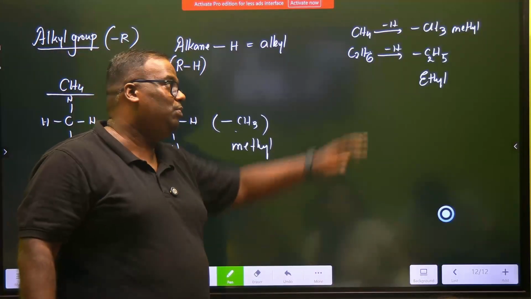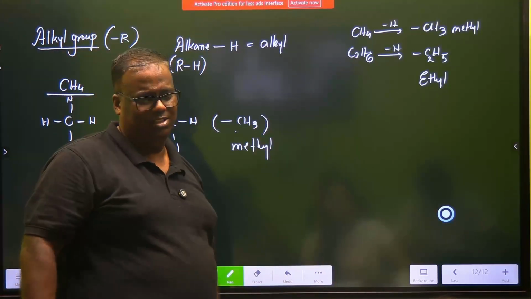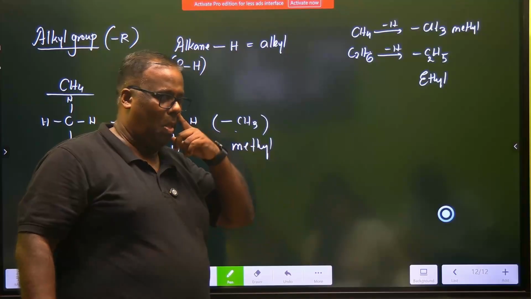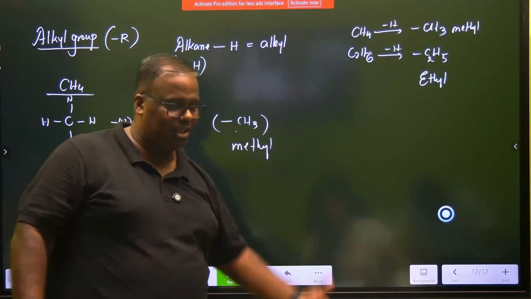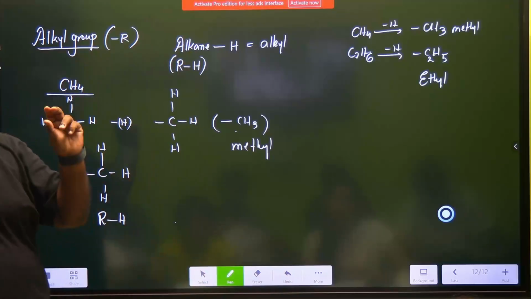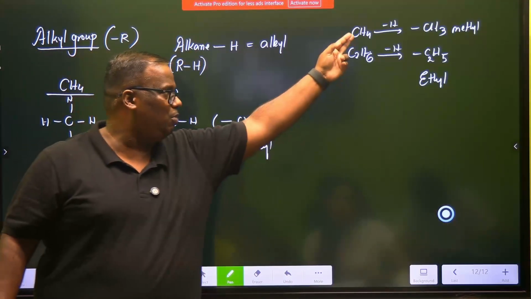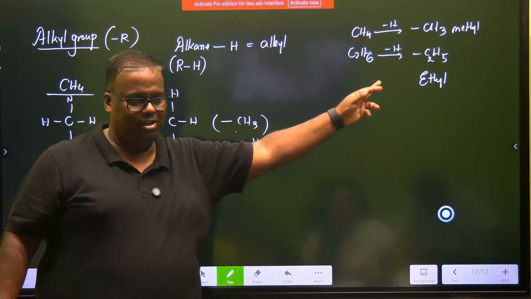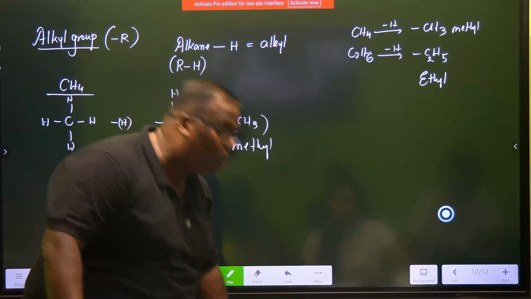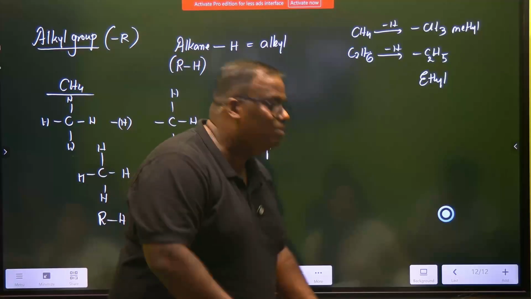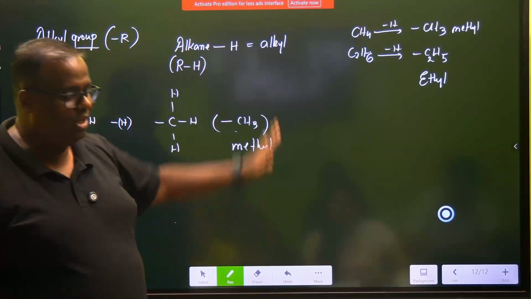Understood? Similarly, we can have propyl also. You can have a butyl also. But your pendant cannot be so heavy that the whole necklace falls down. Necklaces will have a small pendant, or a little larger pendant. Now if you put a heptyl group, the pendant itself is heavier than the necklace, and you will be walking like this.